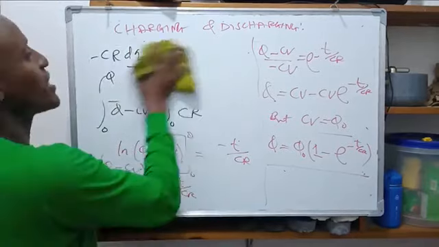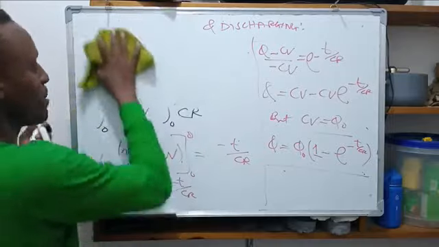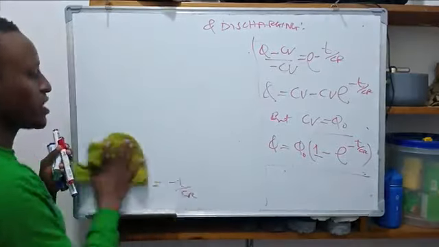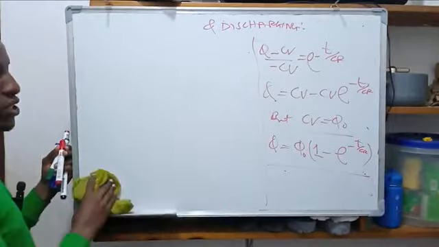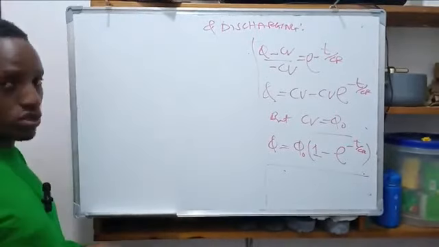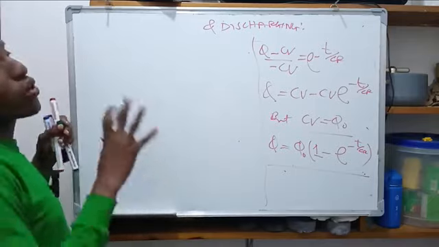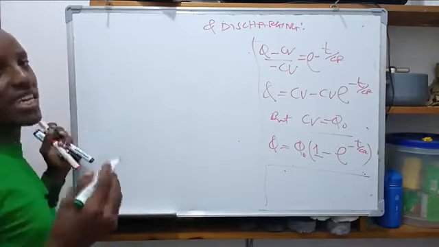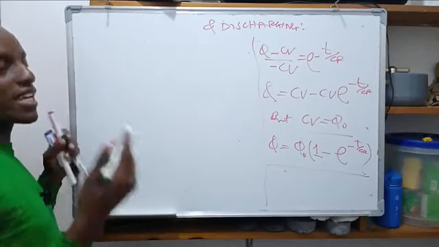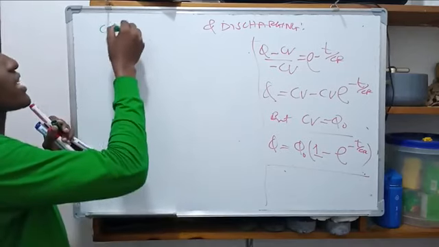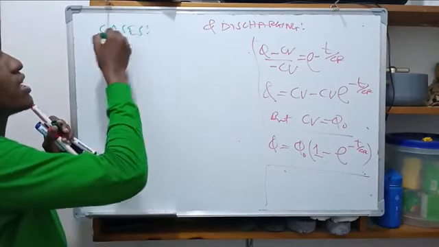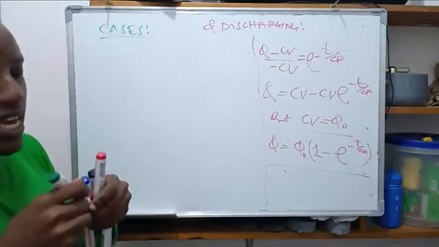When charging a capacitor, the capacitor is always connected to a resistor from the source, so that is the charge at any time. There are cases here; questions depend on the cases. They can ask you the charge at any time.